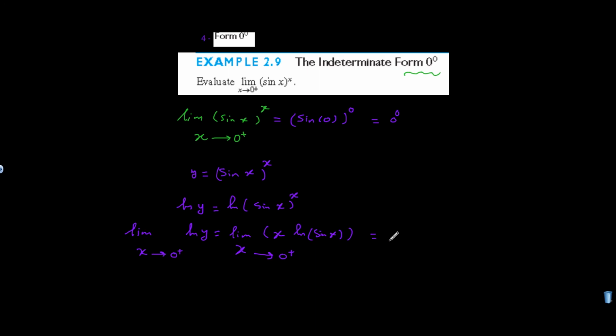Now I can write this as the limit of ln sin x over 1 over x, as x approaches 0 from the right.